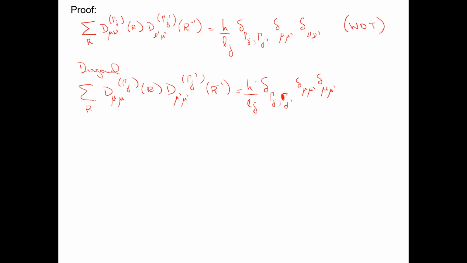Okay, so now I have the diagonal elements, so I can take the trace. Let me take the trace by summing over mu, and I will leave this summation over R here, and I will sum over mu prime. So I'm just taking the trace of the two matrices.